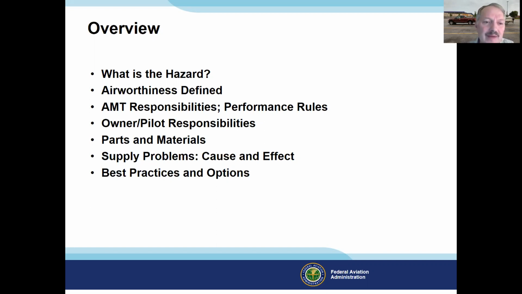We're going to look at owner pilot responsibilities as related to airworthiness. Then we're going to look at parts and materials, the supply problems, the cause and effect, what's been happening. And then hopefully we have some best practices and options that will work for you.